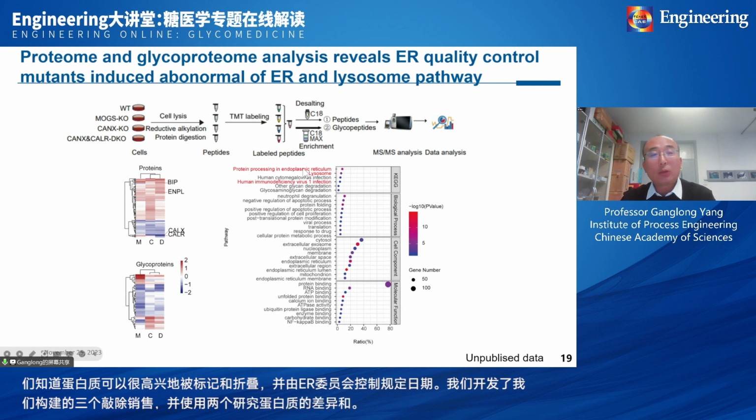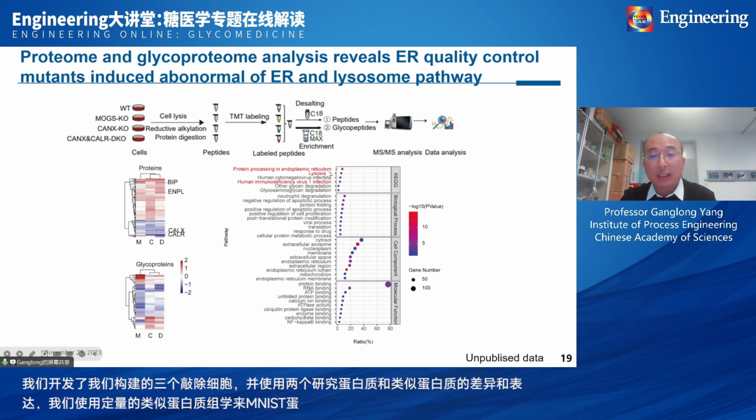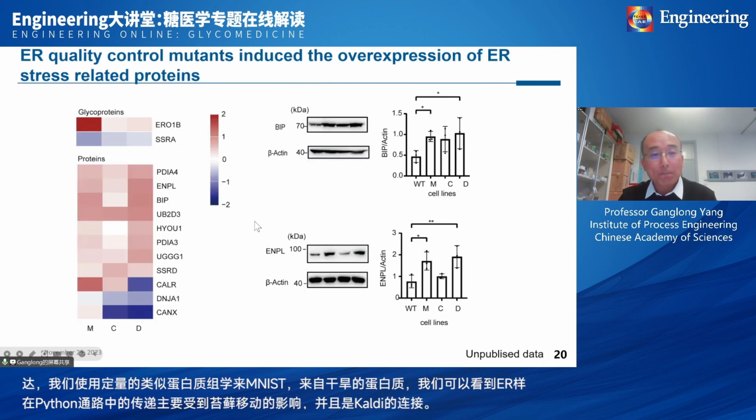We used quantitative glycoproteomics to analyze the proteins. From the results, we can see the ER pathway and the lysosome pathway were mainly affected by the MOGS, calnexin and calreticulin knockout cells.